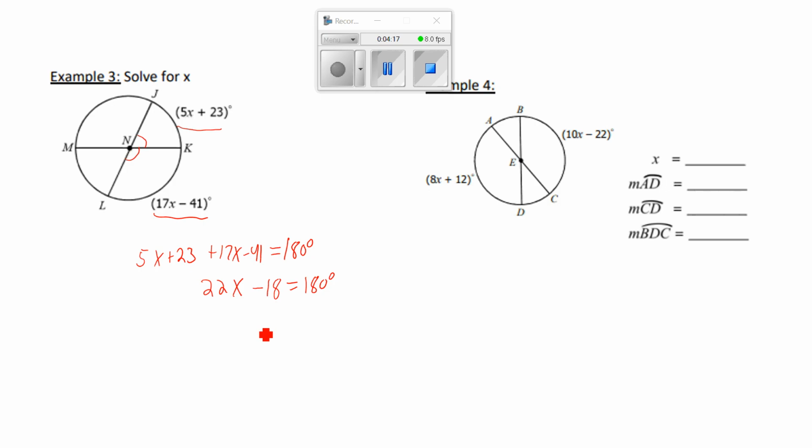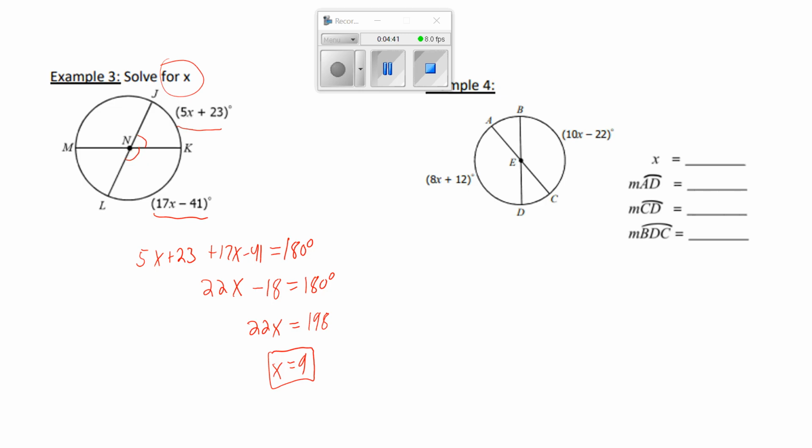Add the 18 over, so you got 180 plus 18, which should go to 198. Then divide by 22, and x is 9. It did just say solve for x, so we are good there.